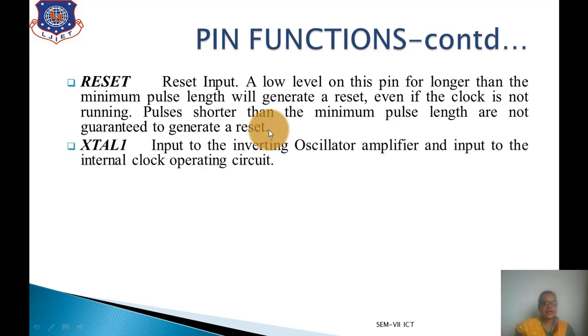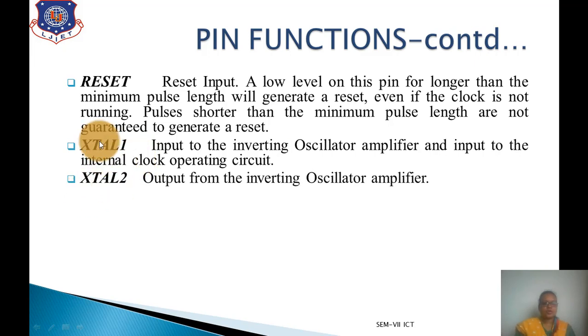Now next, that is the XTAL1 pin, and similarly the XTAL2 pin. XTAL1 is the input to the inverting oscillator amplifier and input to the internal clock operating circuit. Whenever we are working on the input to the ATmega32, we are using the XTAL1 pin, right?